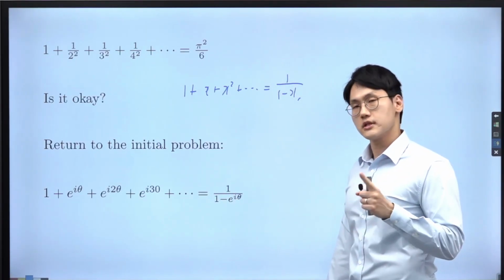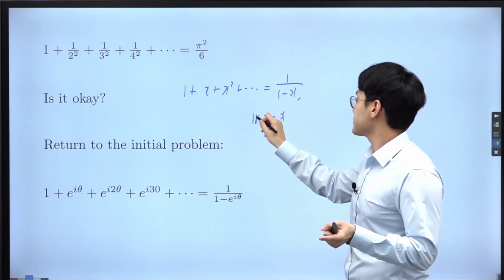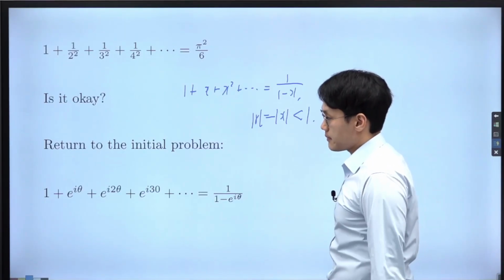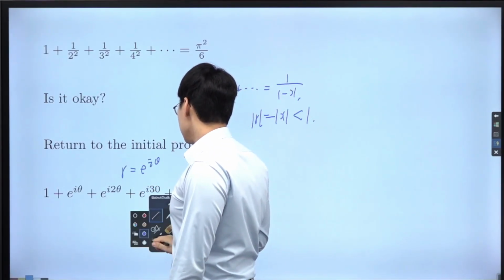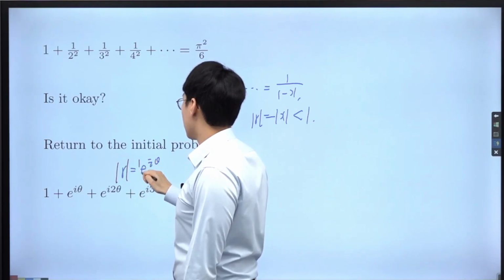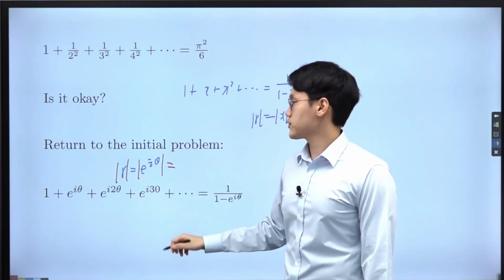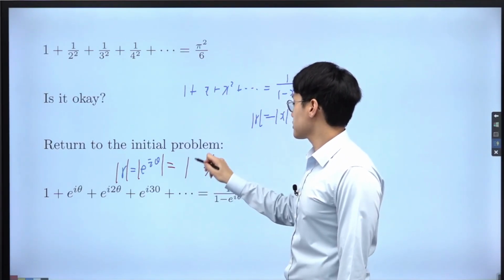The geometric series is not free. Your common ratio, in this case x, its absolute value has to be less than 1, right? And here I claim my geometric series with the common ratio is e to the power i theta. And then, as you know, if you put a magnitude on it, that means the modulus of a complex number. Here, the coefficient is simply 1, which then cannot be used for the geometric series.